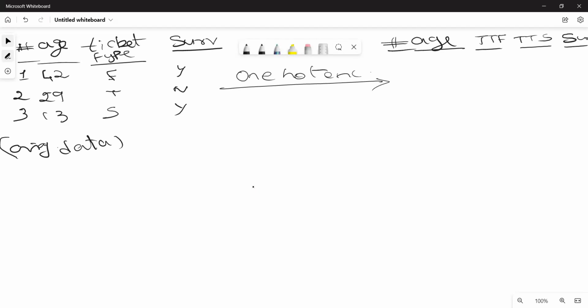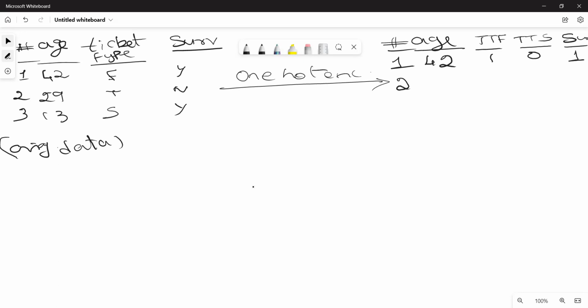Now let us look at the first record. Record number 1, age is 42. Now, what is the ticket type? It is first class. So first class will have the value 1. This will be 0, and survived will be yes. Instead of putting yes, I'll put 1, because Y means 1, N means 0.